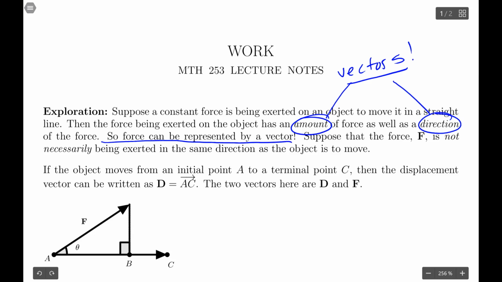So let's do so. Let's suppose that we have a force called capital F, and this force is being exerted on an object to move it in a straight line, but this force is not necessarily being exerted in the exact same direction as the object is moving. Now, we've seen this several times in reality.